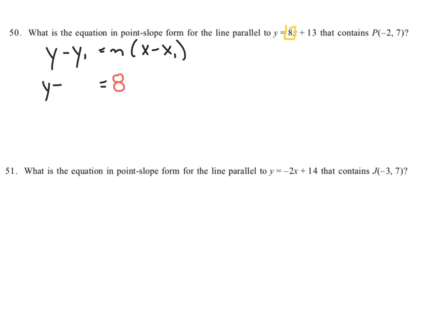And y minus whatever they had as the y coordinate of their point, and the y coordinate is 7. Okay, so y minus 7 equals 8 parentheses x, actually I'm going to say brackets because I'm going to substitute in a value here.